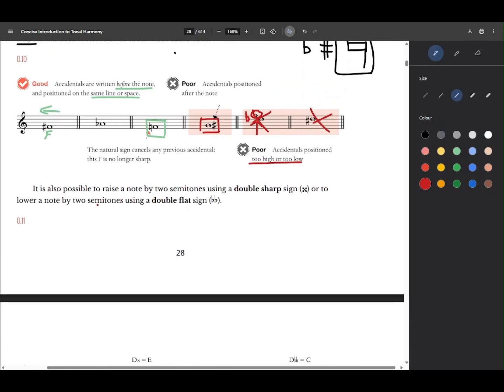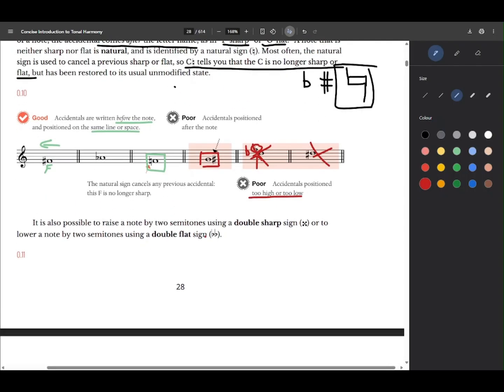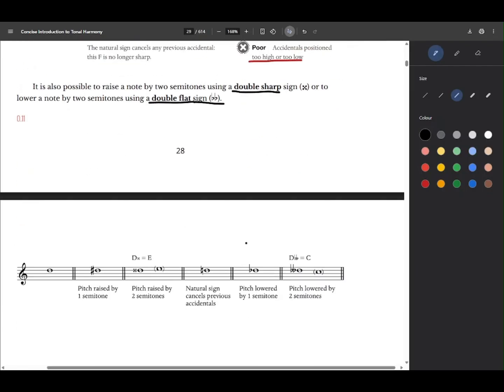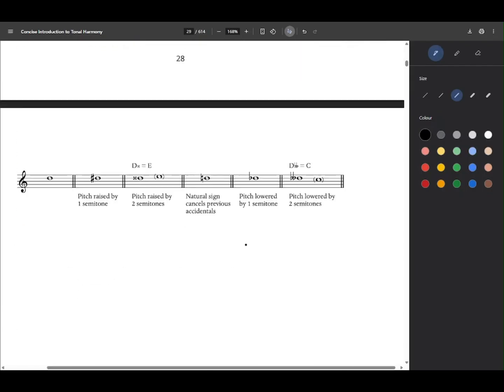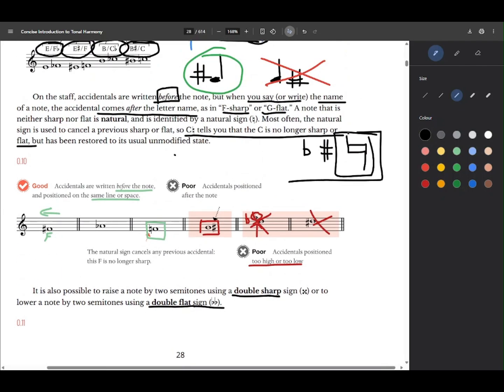Moving on from this, it's also possible to raise a note by 2 semitones using a double sharp, or lower it using a double flat. So we're really getting into some more intricate things here, but these are our basic accidentals.